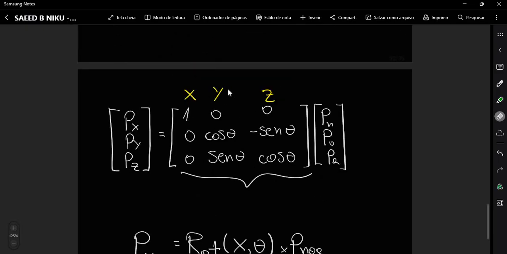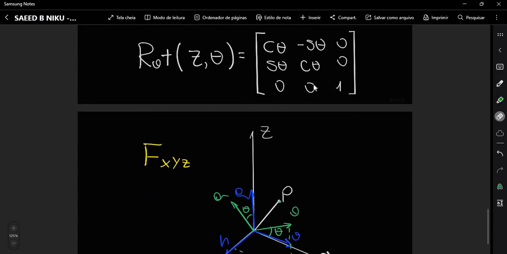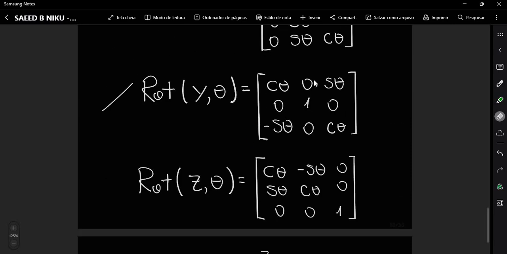So for y, can you see? Okay, it's 0 because the rotation is being done above this axis, so we do not have any change.